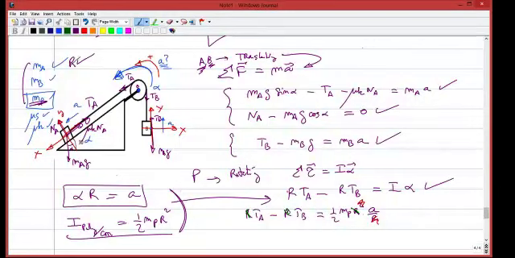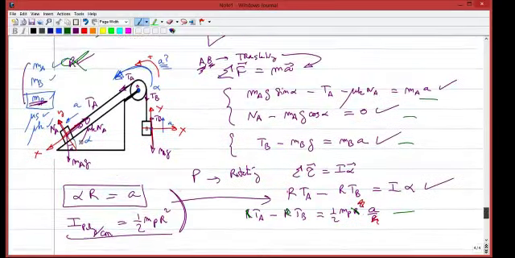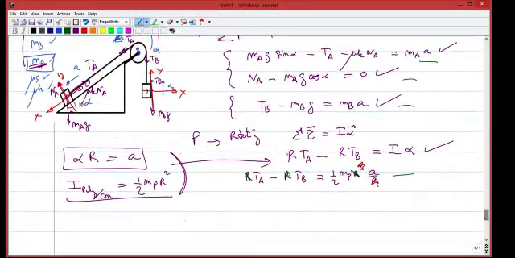We don't even care about R. So we're down to 4 equations for 4 unknowns.